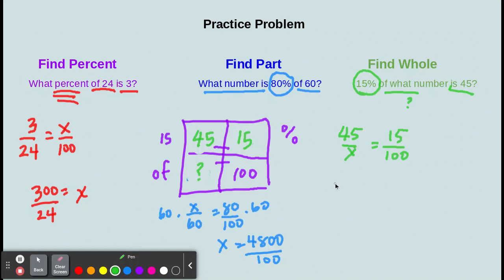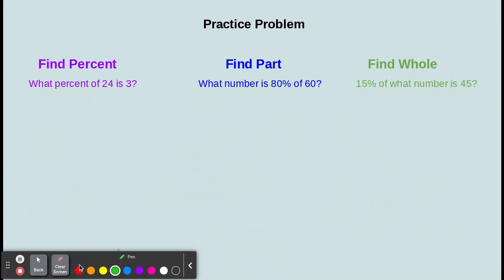We do our cross product, that becomes 4,500 equals 15 times x by simply multiplying 100 times 45 and then x times 15. Since this is multiplication on this side, we need to divide so that we can get x by itself. And then this will tell you what the whole is, right? So if you calculate that out, that will be your answer. And that is the end of 6.2 through 6.3.